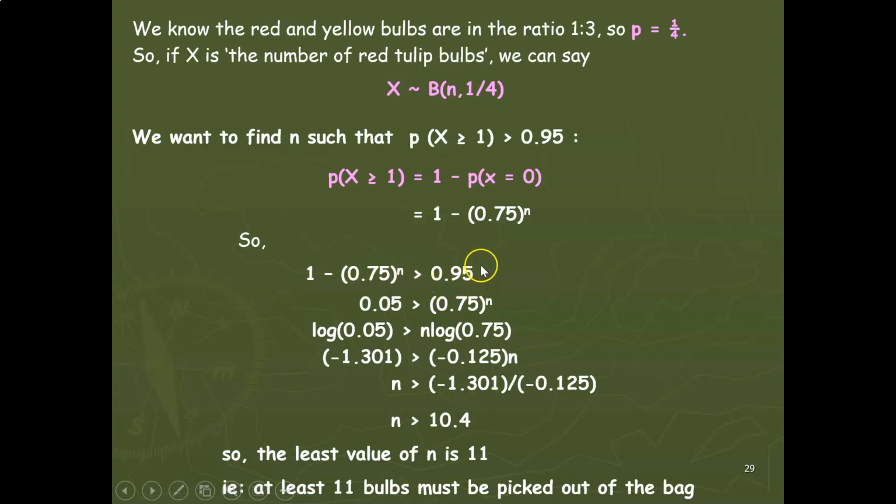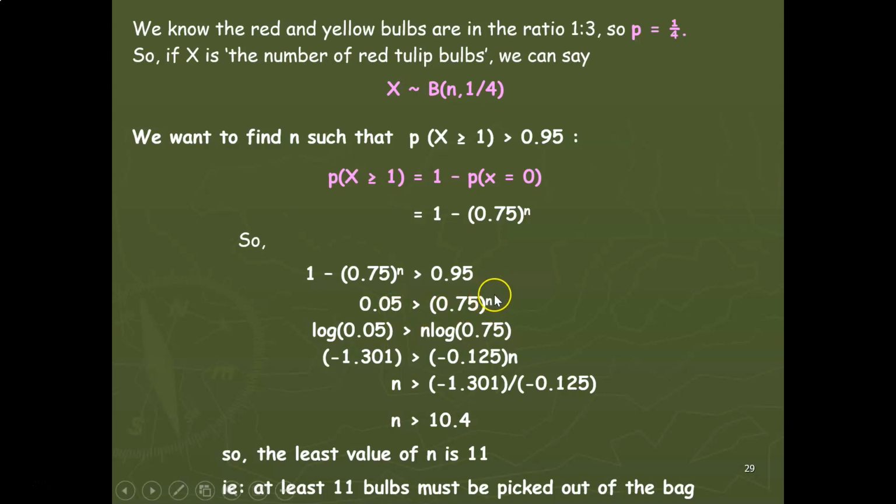All you need to do is rearrange this. 0.95 we bring to this side, and then 0.75 to the right hand side. So 1 minus 0.95 you get 0.05. And then we will take the ln over here.